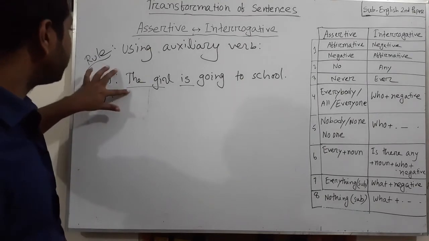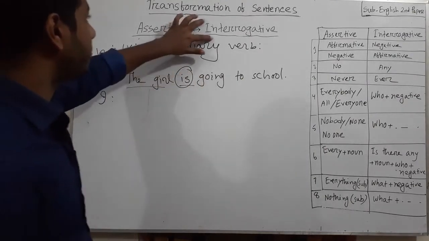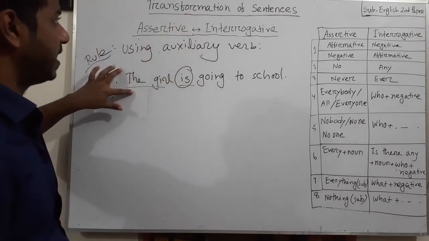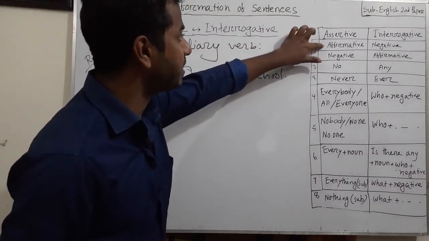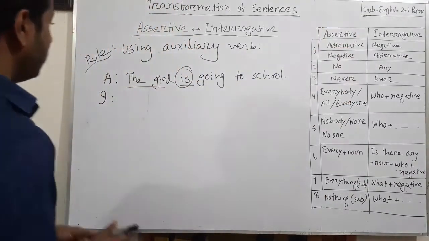If in assertive sentence there is auxiliary verb, then to make it an interrogative sentence, the auxiliary verb will be written before the subject. And another thing, as I told, in assertive sentence in affirmative form, the interrogative sentence will be in negative form. So look at the sentence.